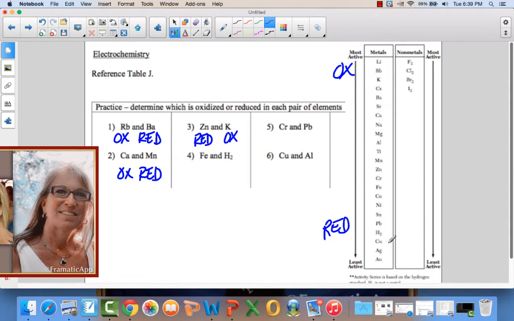Fe and H, H is right here, Fe is above it, so Fe is oxidized, and H is reduced. Cr and Pb, here's Cr, and it's above Pb, so oxidized, reduced. And Cu and Al, Al is here, Cu is down here, so Al is oxidized, Cu is reduced.